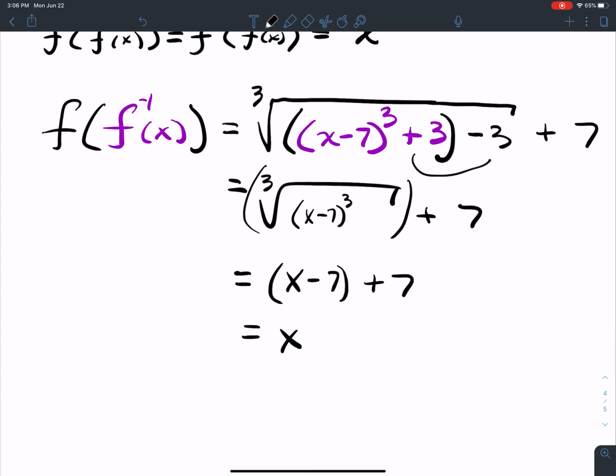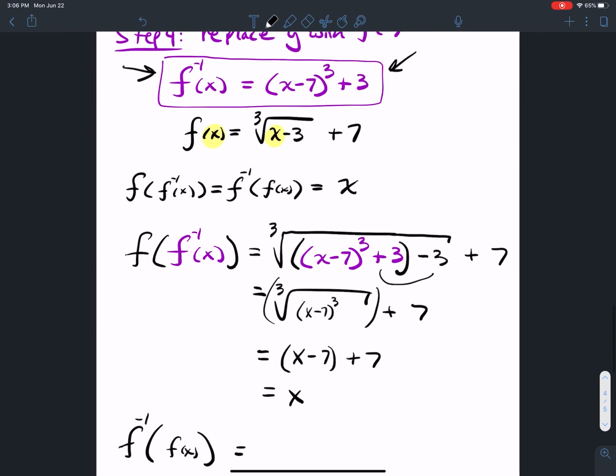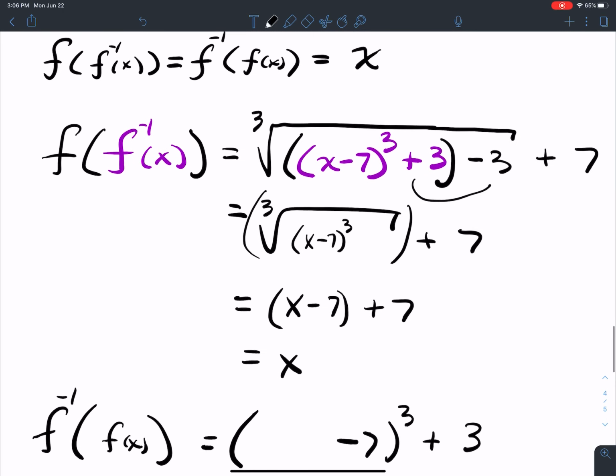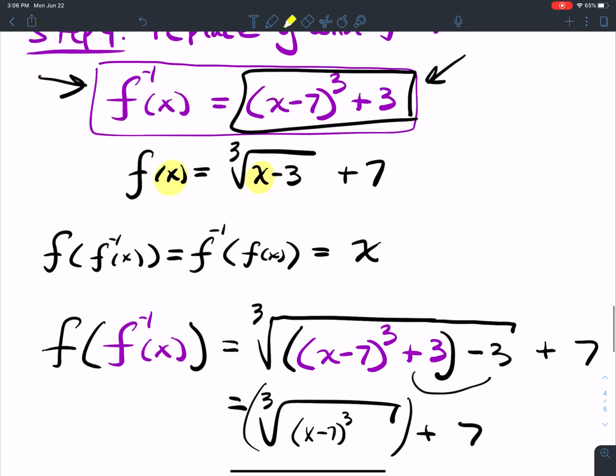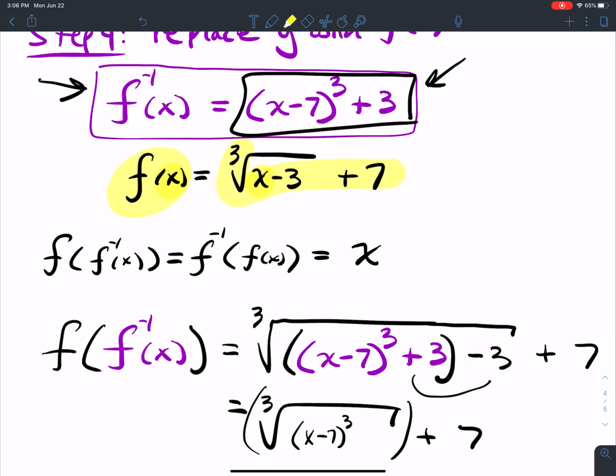If I went the other way, if I did f inverse of f of x, what is f inverse defined to be? f inverse is this function here. So that's (something minus 7) cubed plus 3. What is the something here? The something is f of x, which is defined to be this thing right here.